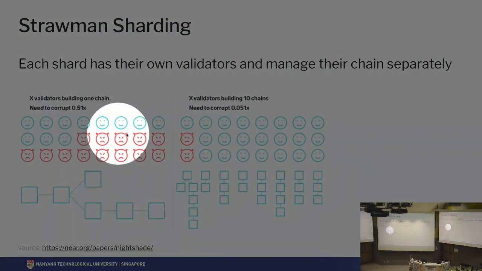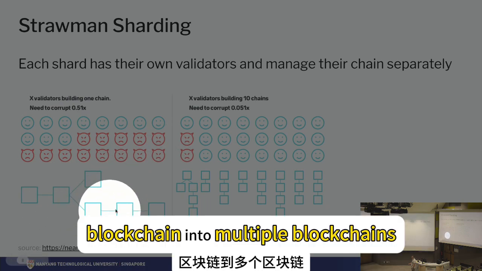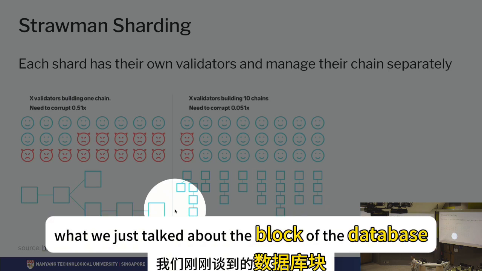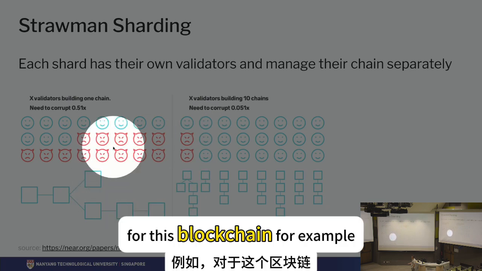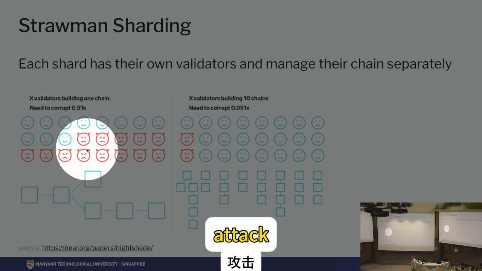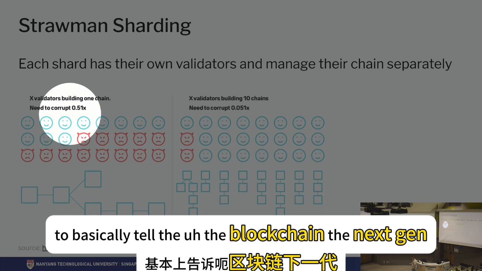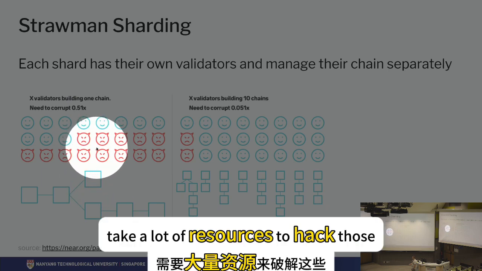Yeah, so the idea is, for strawman, I can shard this blockchain into multiple blockchains. Remember what we just talked about, the database, right? So for this blockchain, for example, if you want to hack the system during an attack, you have to take 51% of the validators to basically tell the blockchain the next block is valid, right? If you want to hack it, it takes a lot of resources to hack those validators.